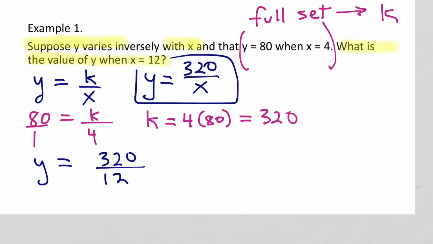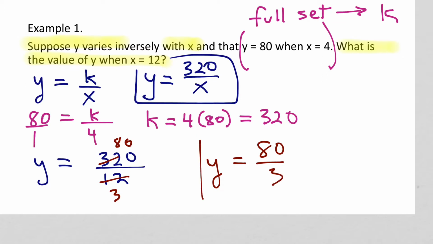All right, let's reduce that. 4 goes into 12 3 times. 4 goes into 320, 80 times. So y is equal to 80 thirds. So when x is 12, y is equal to 80 thirds.